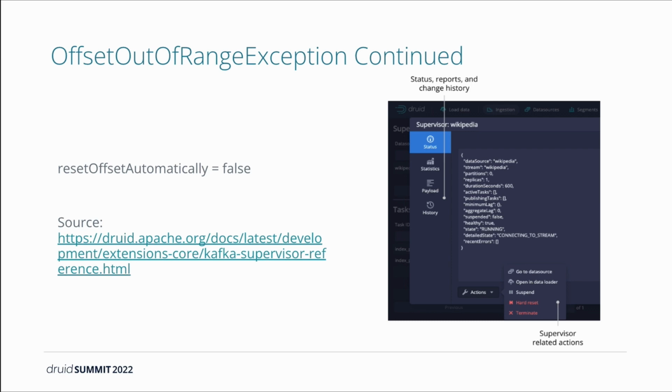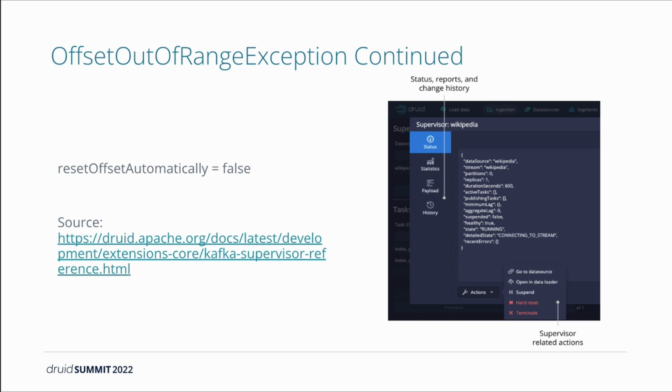But if you end up seeing the offset out of range exception, there are a couple of things to do. The reset offset automatically property is set to false by default.